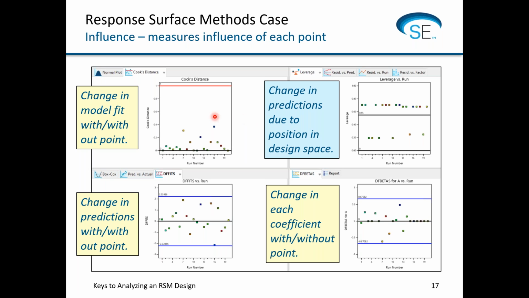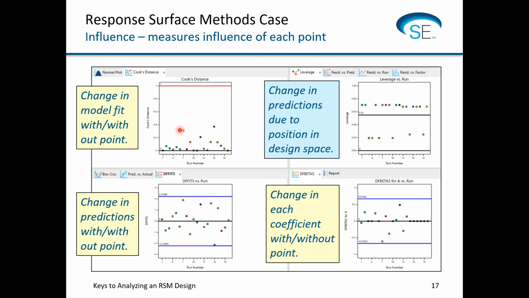Okay, now Cook's distance indicates the change in how the model fits, either with or without the point. So these three that are in yellow, you can see they all say with and without the point. That indicates that they are all deletion statistics. We are testing in this case the model fit with and without the point.